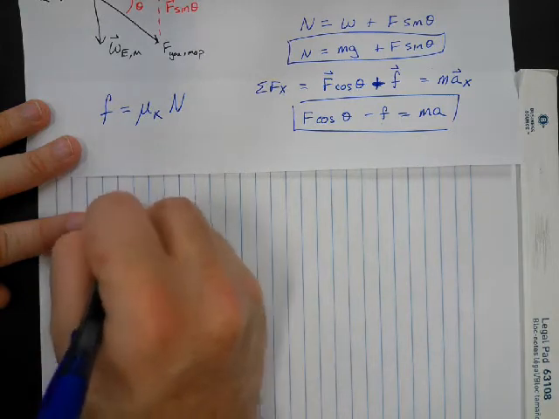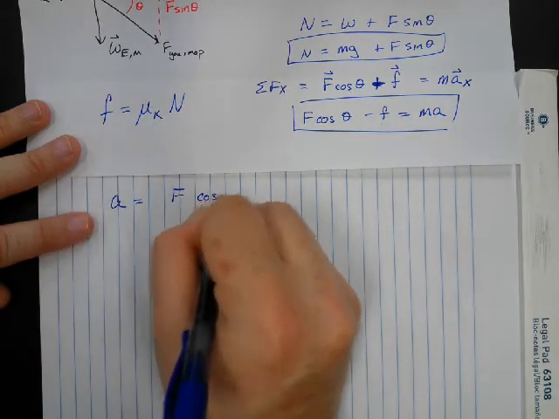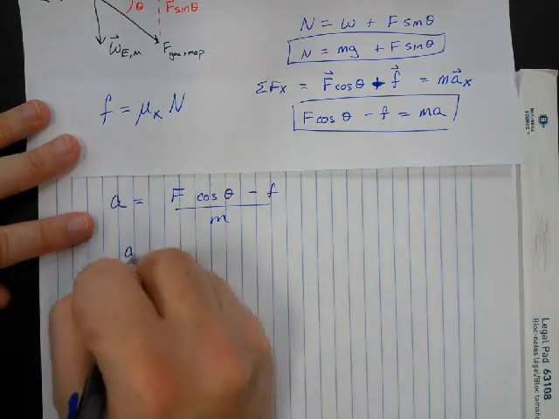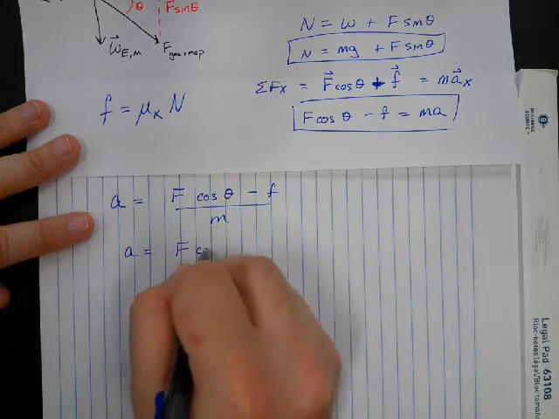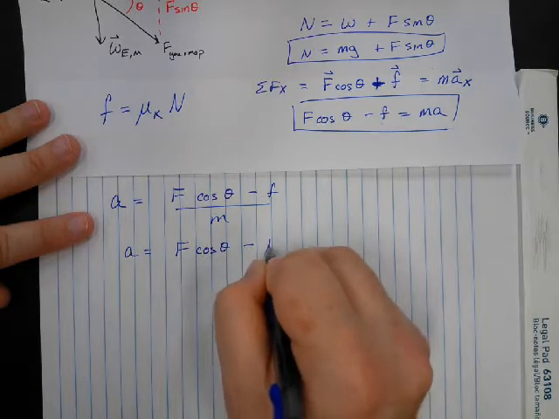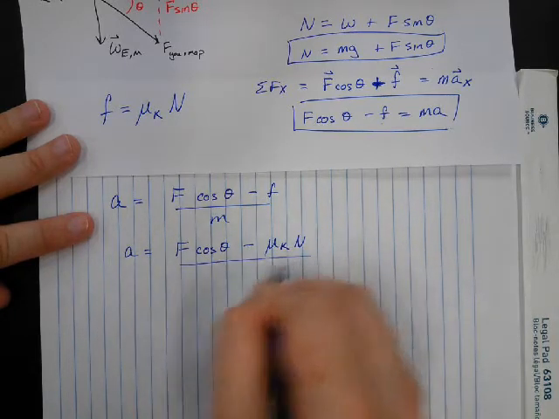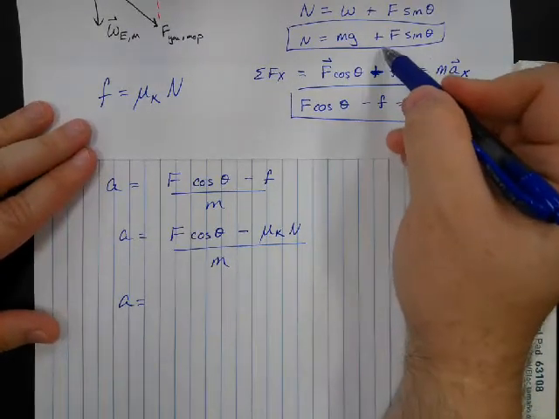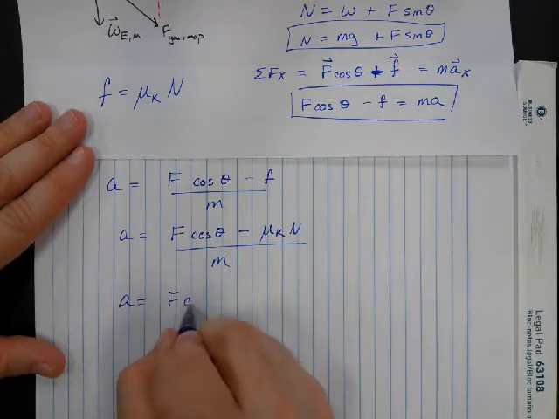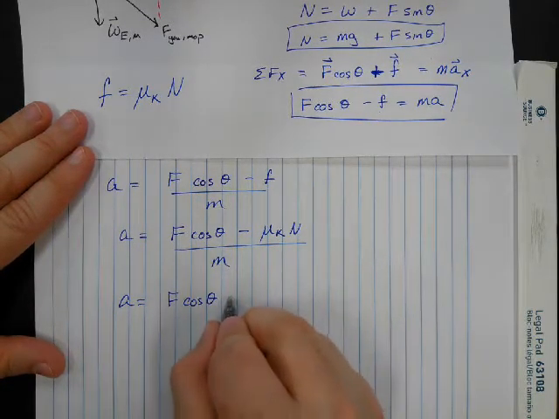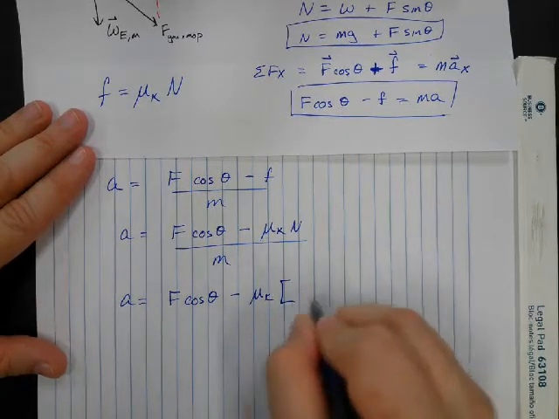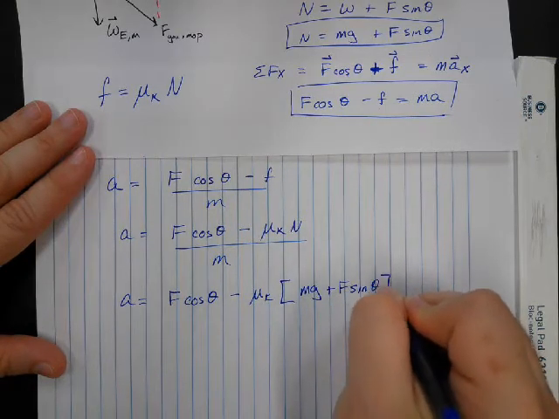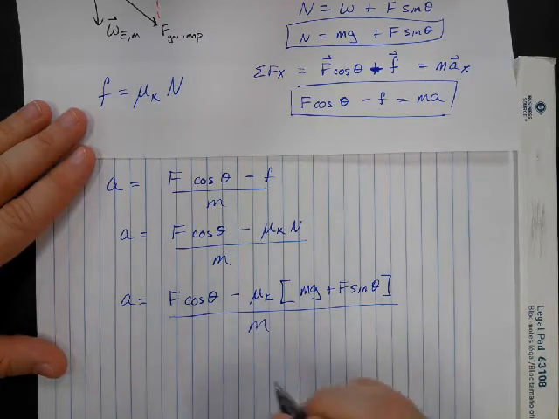So acceleration looks like F cosine theta minus F over the mass, but that equals F cosine theta minus mu sub k times n over the mass, but that equals plugging in this equation up here, F cosine theta minus mu sub k parentheses mg plus F sine theta over the mass.